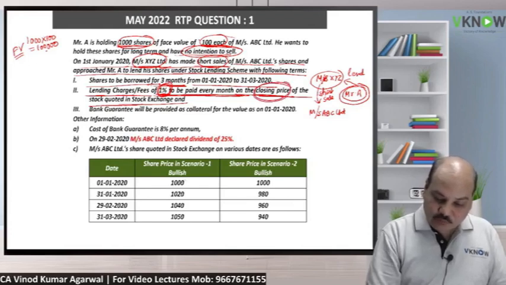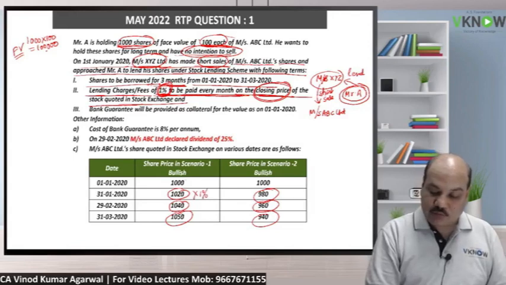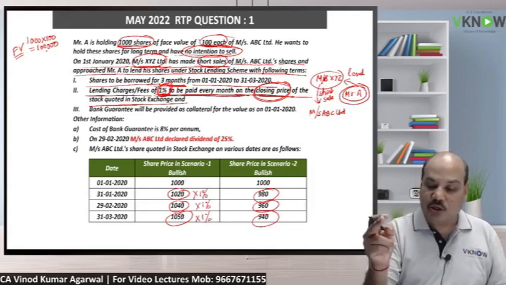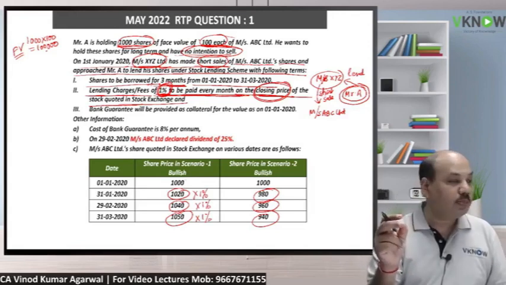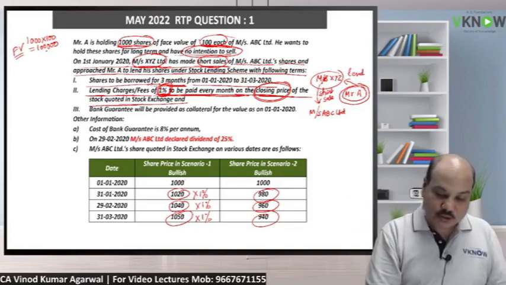These are the closing prices given to you. Every month you have to take 1% of this as lending charges. Lending charges will be cost to the short seller, and lending charges will be income for Mr. A, the one who has lent the shares.